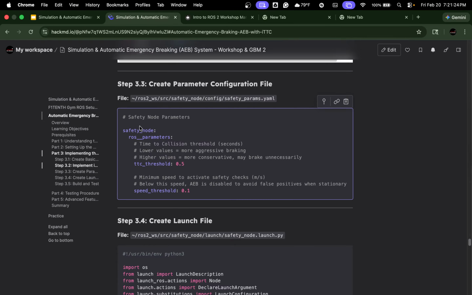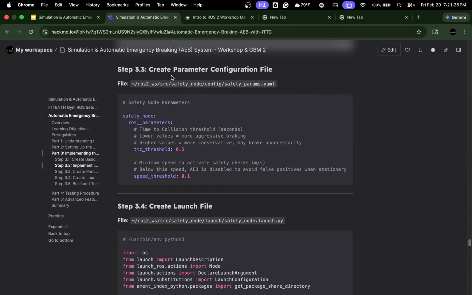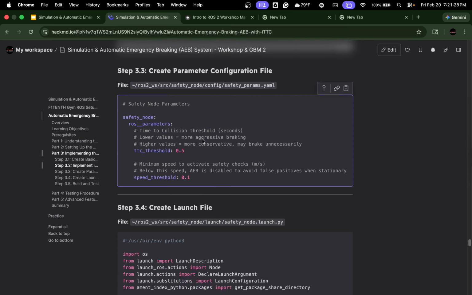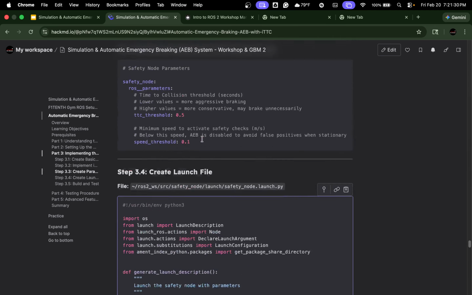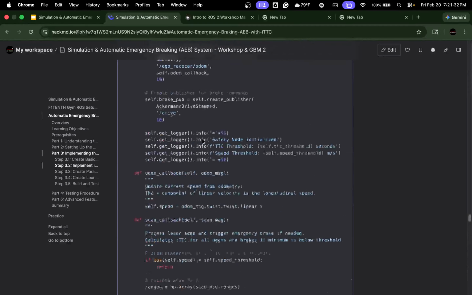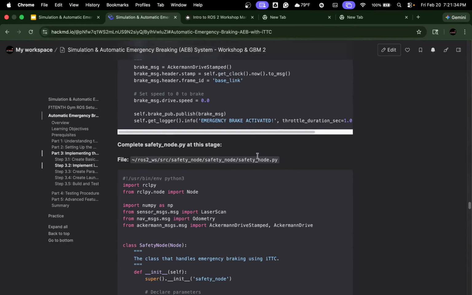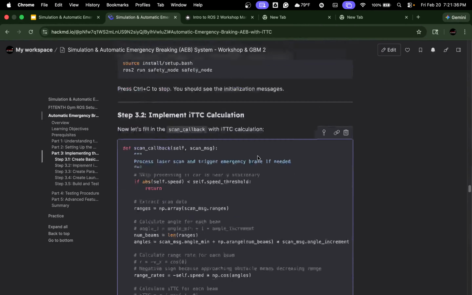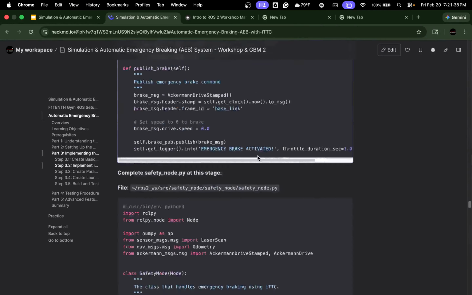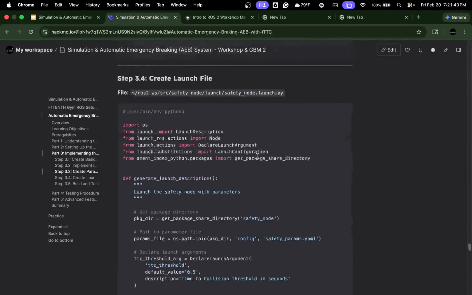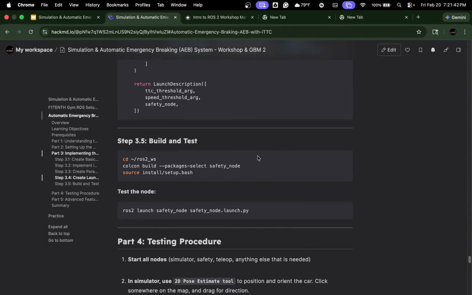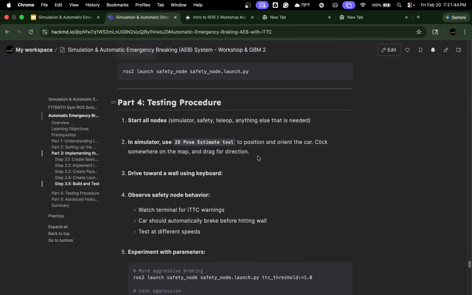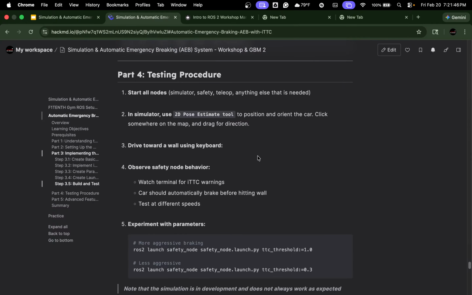And you can create a param file or a launch file if you want. But once you have this part, you can simply run it and try to move the vehicle and see if it's working.